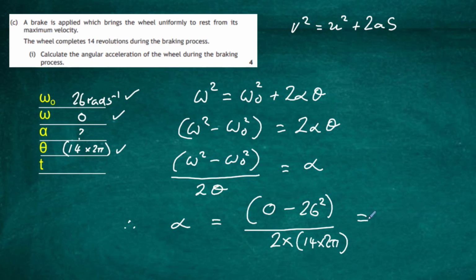So once we have that into our calculator, we can do the necessary calculation. We end up with minus 3.8. Remember, it's angular acceleration, so it must be radians per second per second, and the minus sign confirms that the actual rotation is slowing down. It's going to have a negative acceleration. And that's how you go about doing part C.